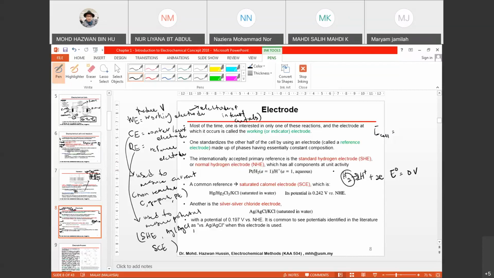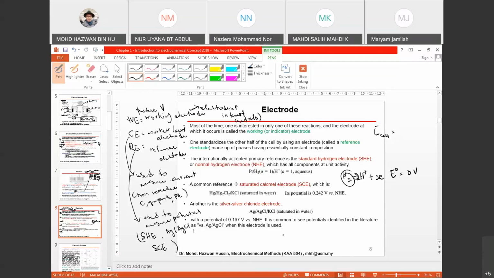But if the amount of hydrogen gas is bigger, then it's no longer a pop sound. Boom terus. So because of the disadvantages of standard hydrogen electrodes, producing much hydrogen gas and being a bit dangerous to use, people tend to find alternatives. That is why they use silver chloride or saturated calomel electrodes.